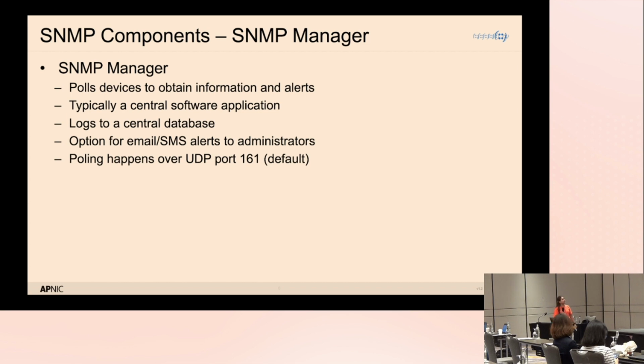So what happens basically is you have your agent here, you have your manager here. The manager will usually query or request certain data from your agent, and then the agent will respond to the SNMP manager. That's it, right? So request and response.